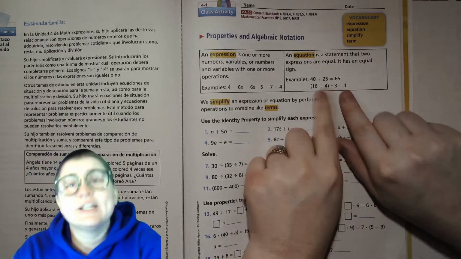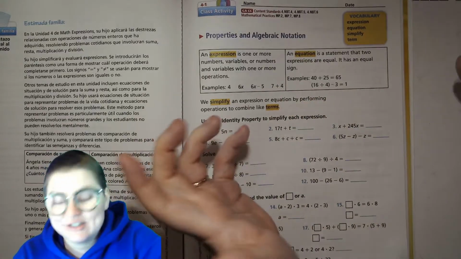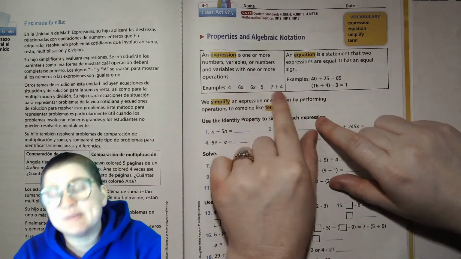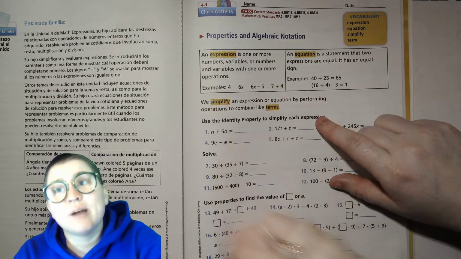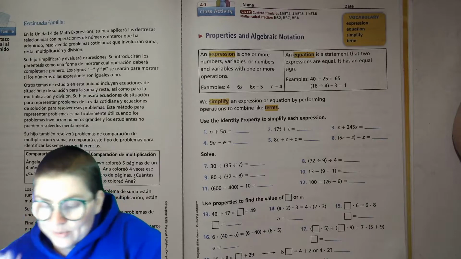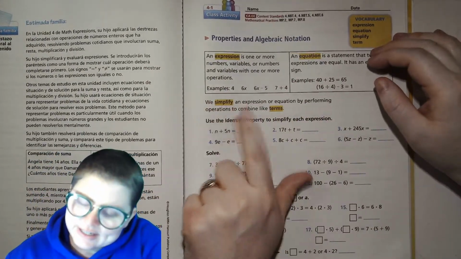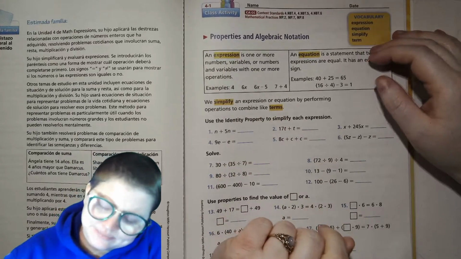So on each side of the equation, there are two expressions, and sometimes it's just a number, sometimes it's a whole operation. Okay. So we simplify an expression or equation by performing an operation to combine like terms.